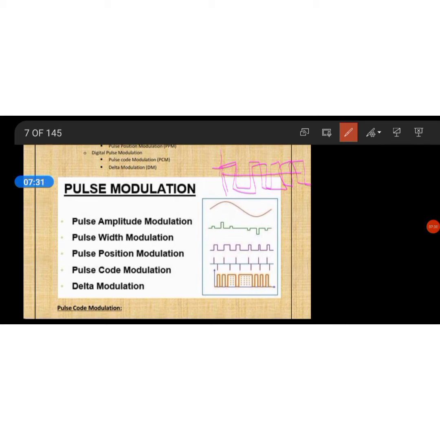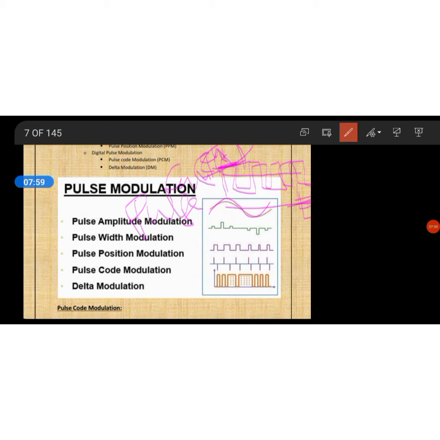Carrier pulse. This is CFT. This is T. In the x-axis, this can be the time domain representation. In the y-axis, it can be obtained as amplitude. So based upon the message, the carrier amplitude will be varying.